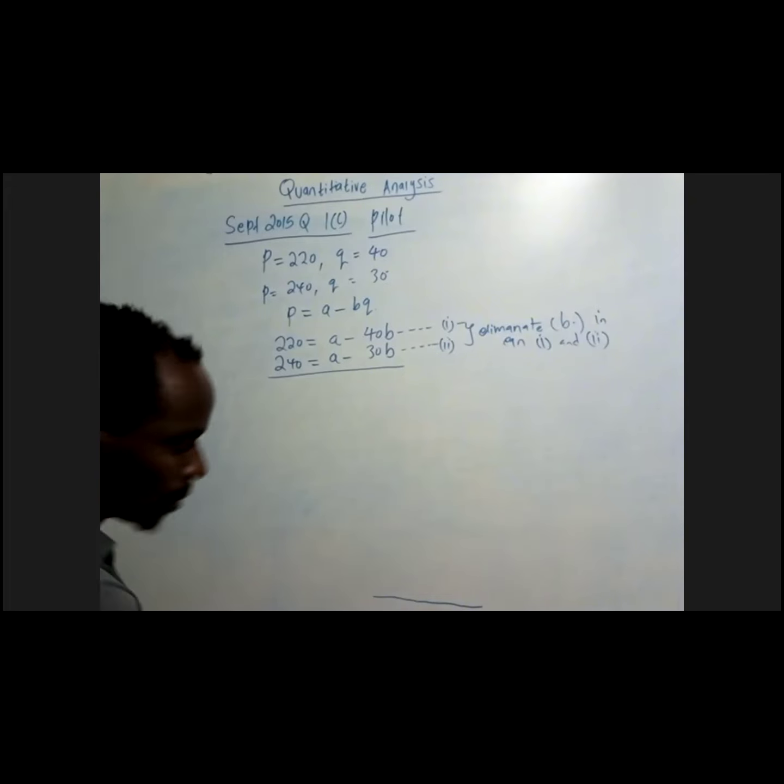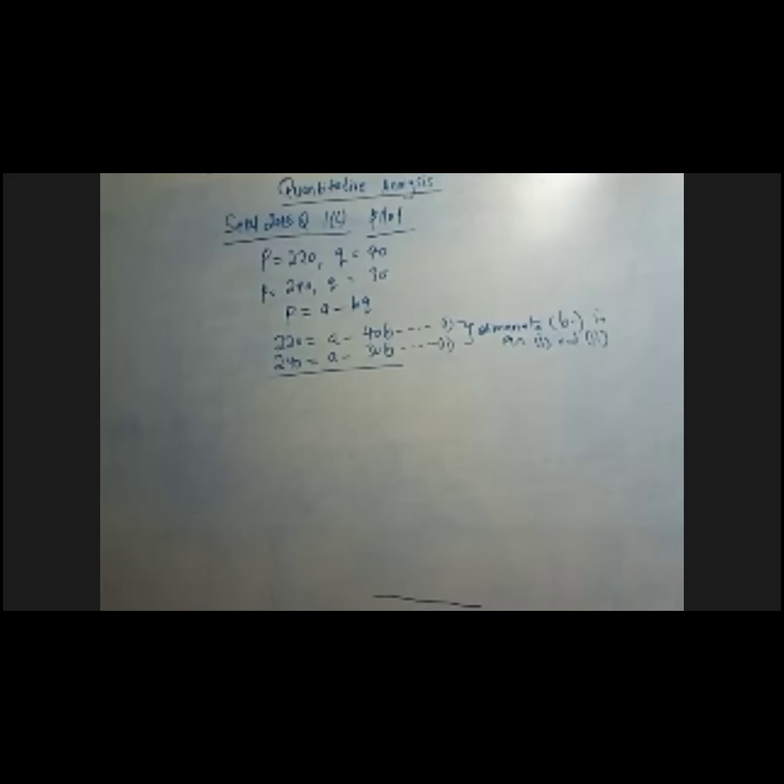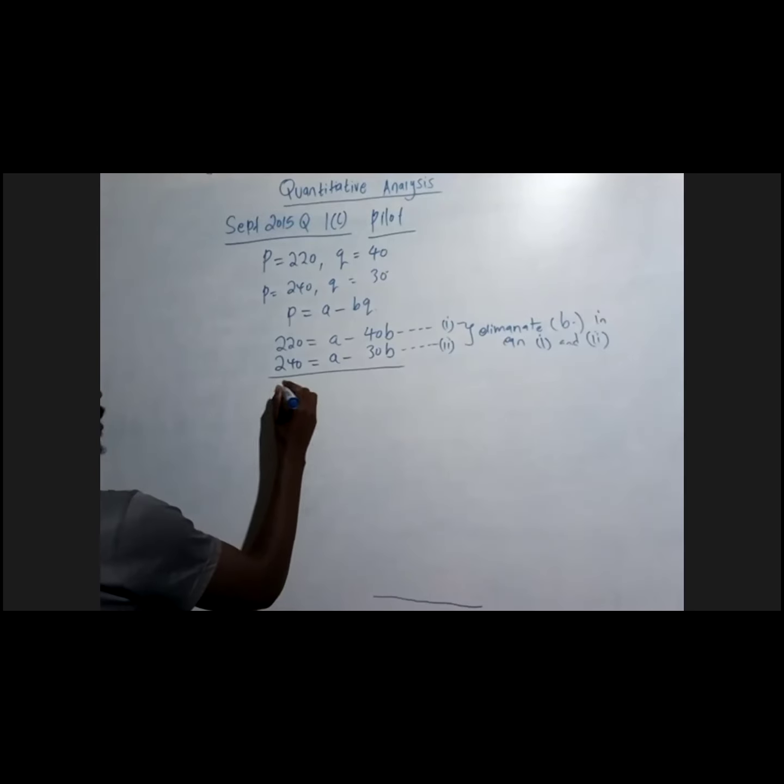Now, 220 minus 240, where is my calculator? So 220 minus 240, that one becomes around minus 20.